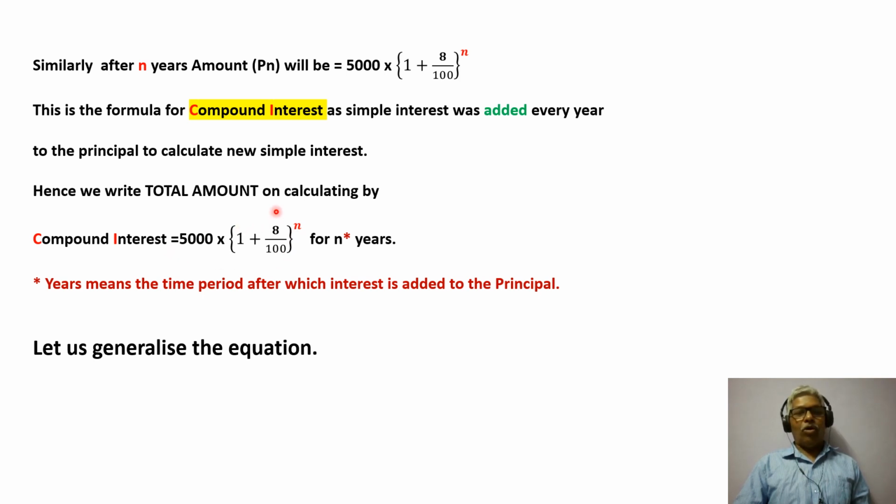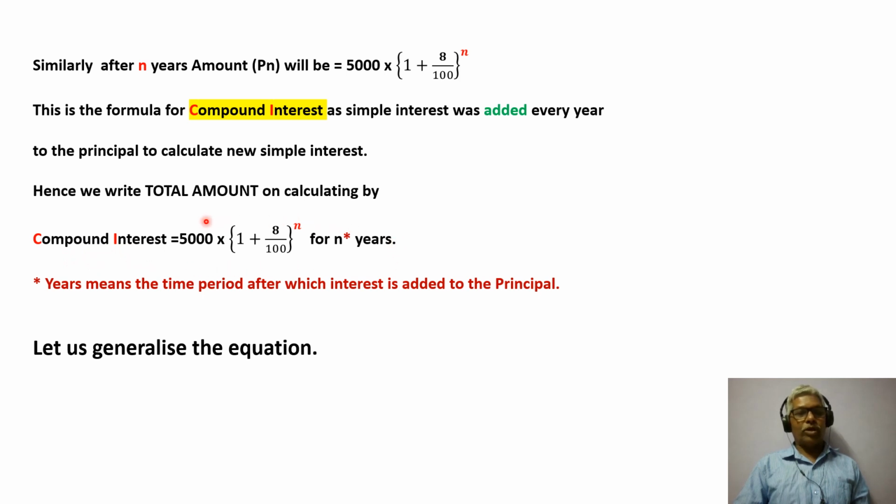When you need to calculate by compound interest, you have to use this formula, that is 5000 into (1 plus 8 upon 100) raised to n, this bracket raised to n for n years. Remember, we will be generalizing this formula. This 5000 is not constant for this.